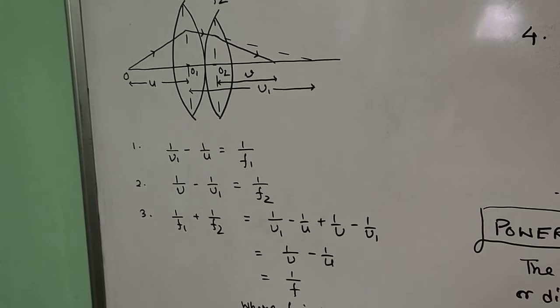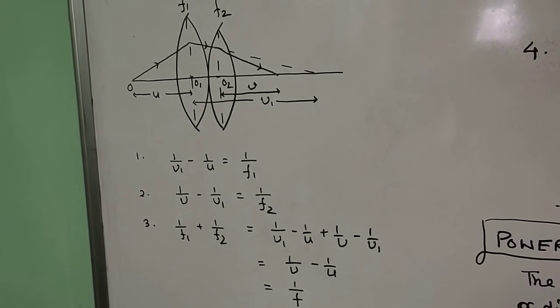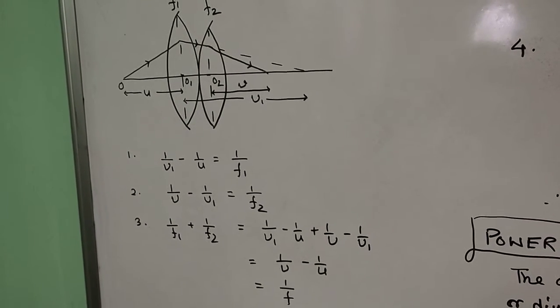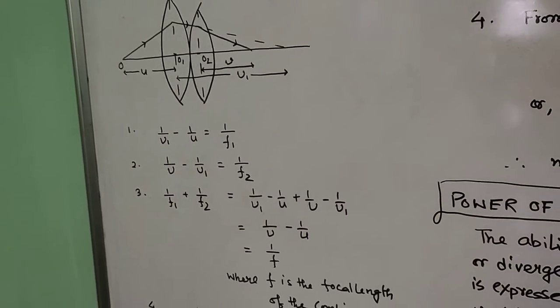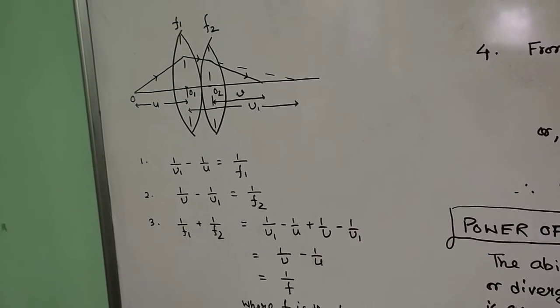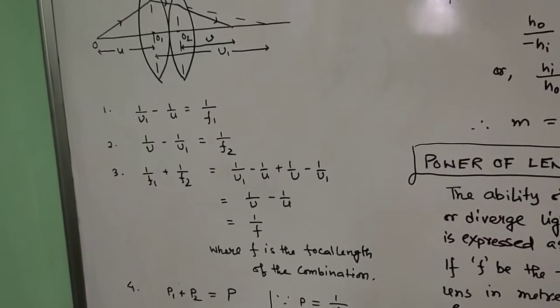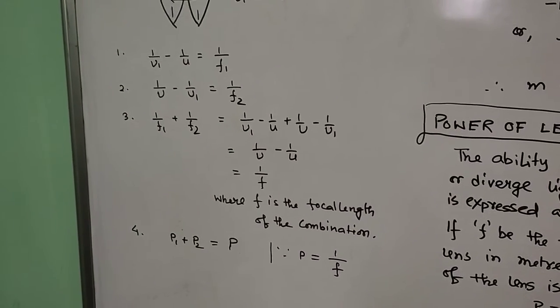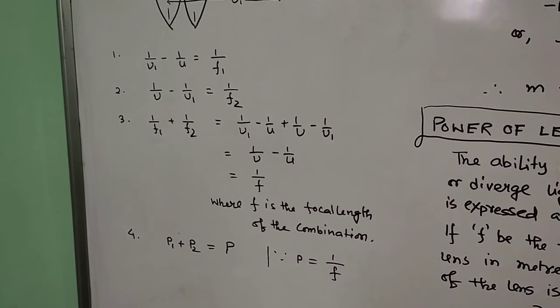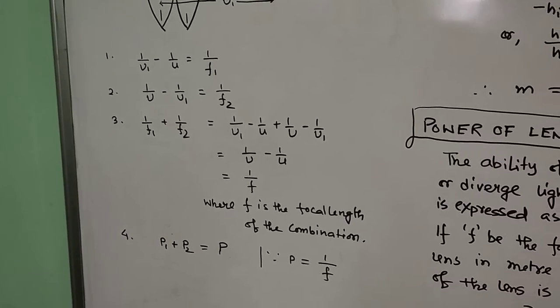So if two lenses have focal lengths f1 and f2, then 1 by f equal to 1 by f1 plus 1 by f2, where f is the focal length of the combination. Similarly, as we have defined P equal to 1 by f, you can say that P1 plus P2 equal to P, where P is the power of the combination.